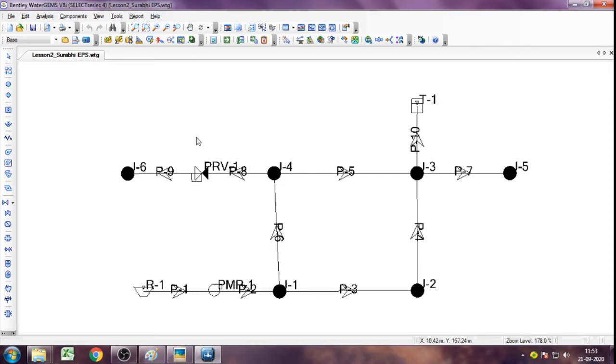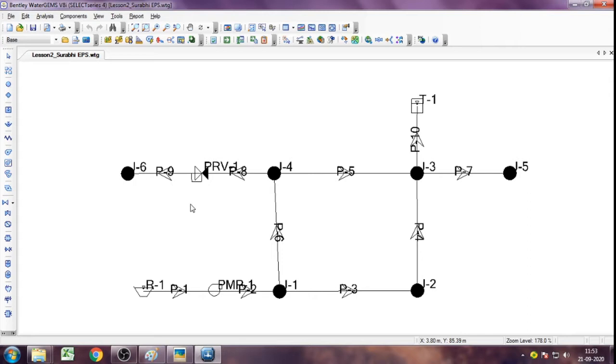In lesson number 1 we had built this network, and then we had assigned the required properties to all the nodes and all the other hydraulic elements. Now we want to do the EPS. I have already told you what EPS is. EPS is basically considering the time varying effect on the water demand.